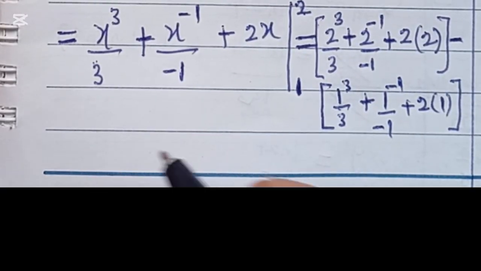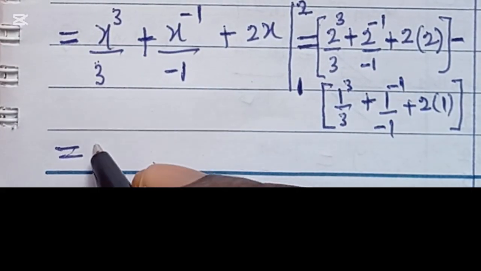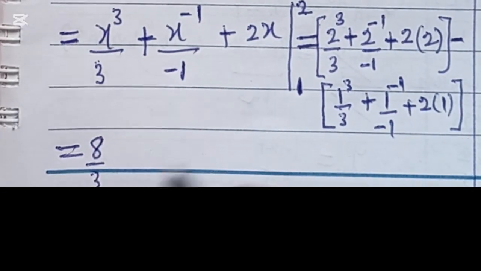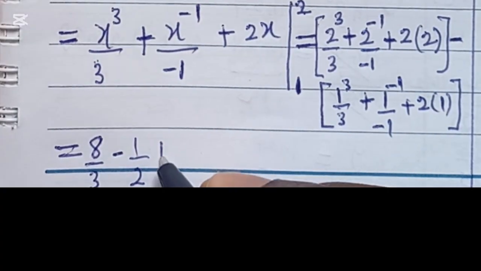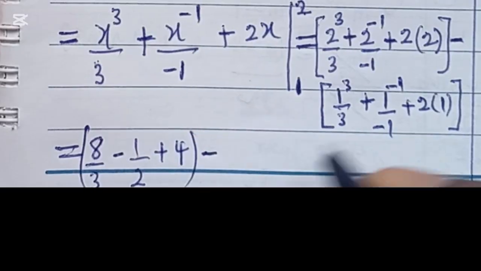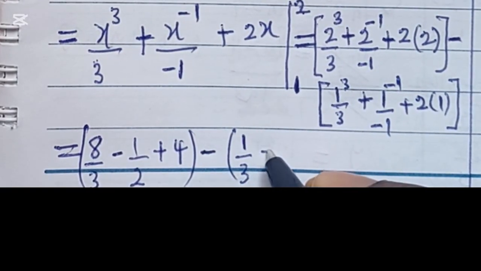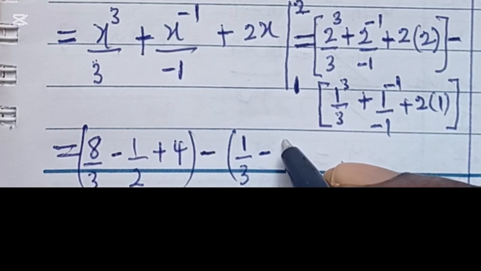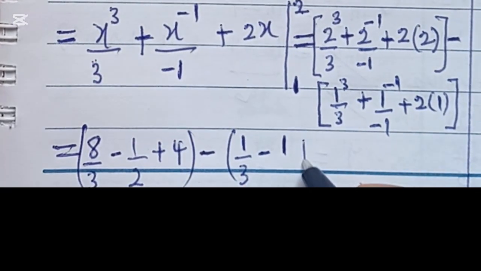When you break it down, finally you're going to get your final answer. 2 to the power of 3 becomes 8 over 3, then we have minus 1 over 2, and then plus 4. This is what we get from the first part. Then minus the second part, which becomes 1 over 3 minus 1 over 1, which is 1, then plus 2.